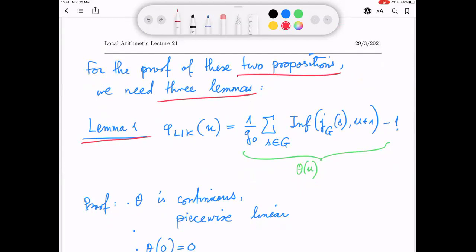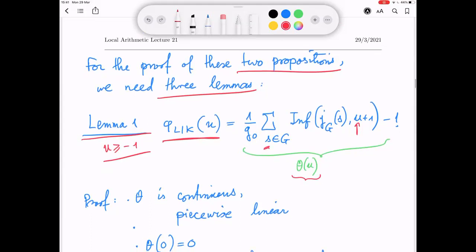Okay, so the first lemma says that for every real u greater than minus 1, phi L over k of u is given by this formula on the right. So let's call this function on the right theta of u. S runs through G, and that's it.